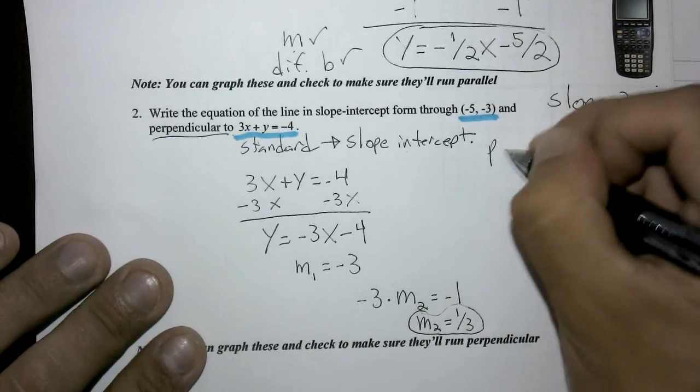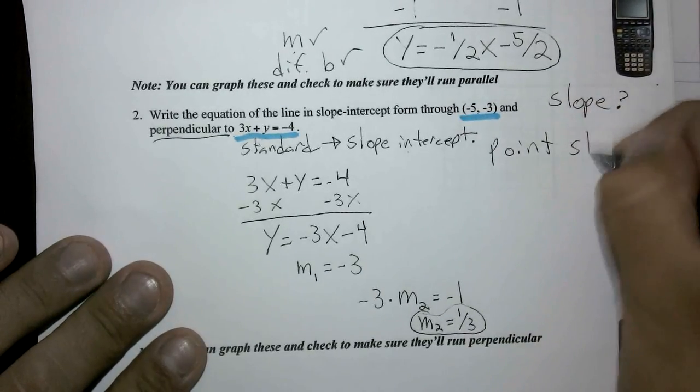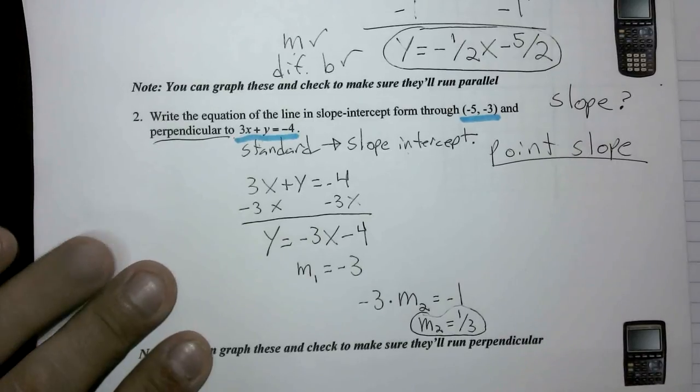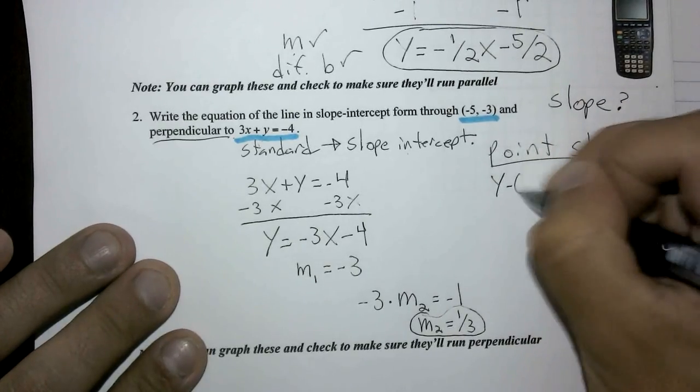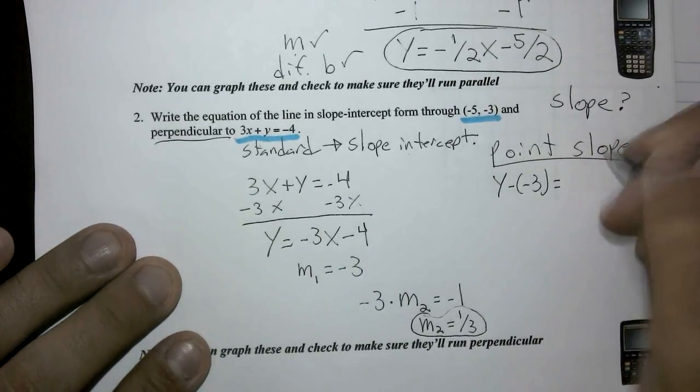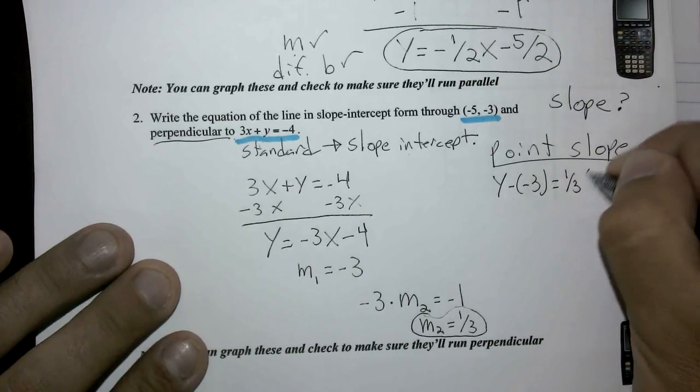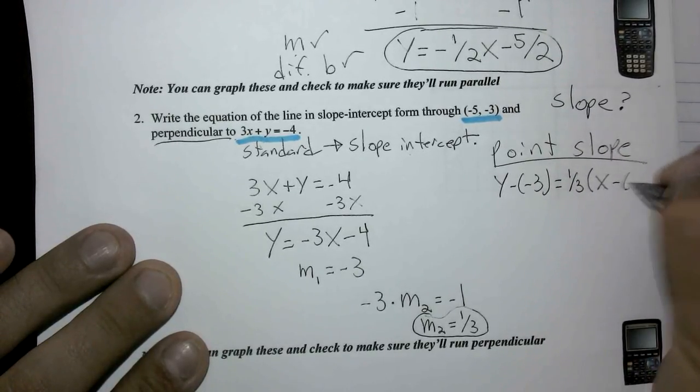If we use point slope form now, we are subtracting -3. This is equal to 1/3 times x subtracting -5.